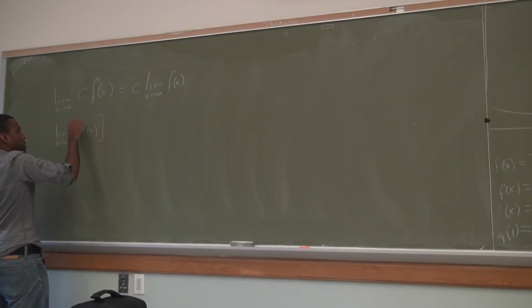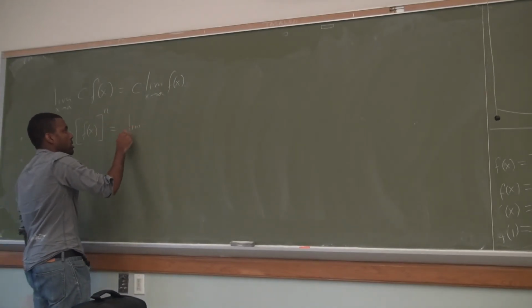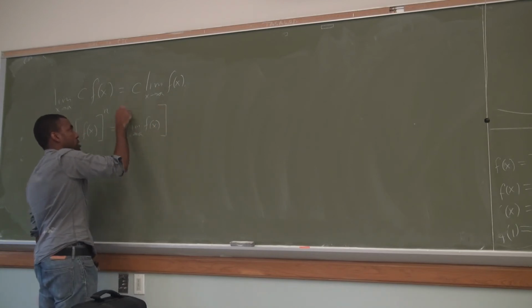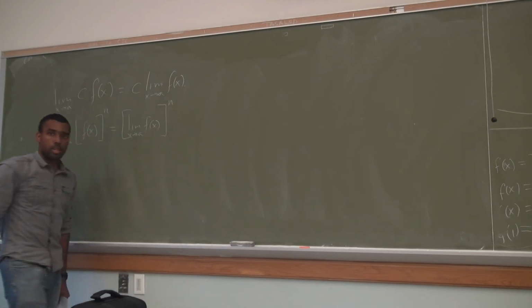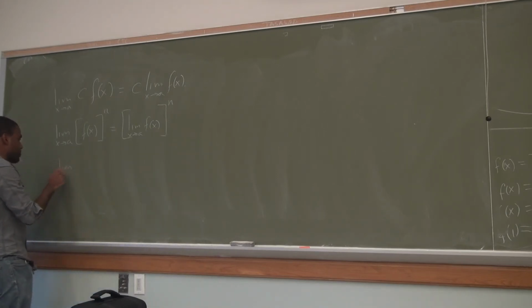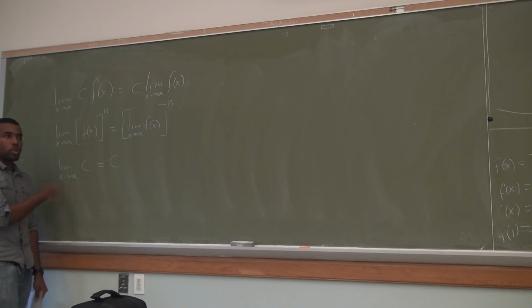The limit of the function to a power is actually the limit of the function raised to the power. Right? Like you can bring the limits inside powers. The limit of a constant is just a constant, right? Because as your x value approaches a, your y value is always giving you the same value, so that doesn't change.